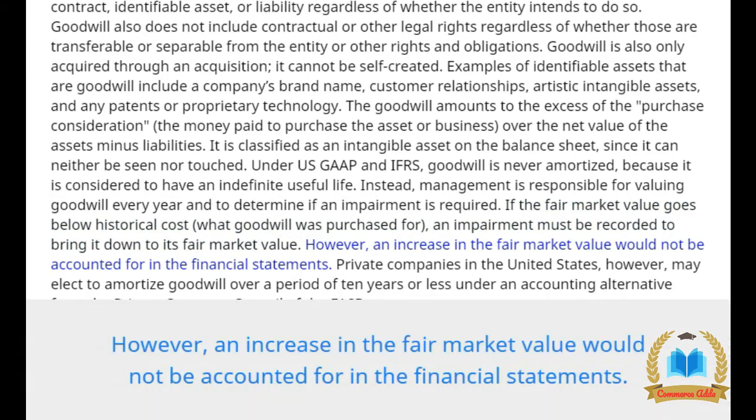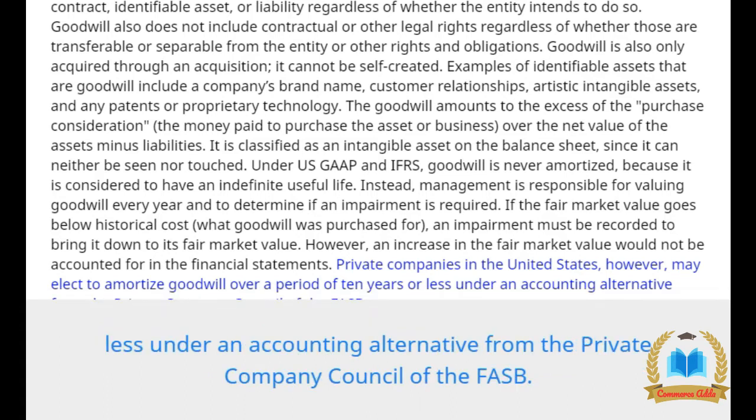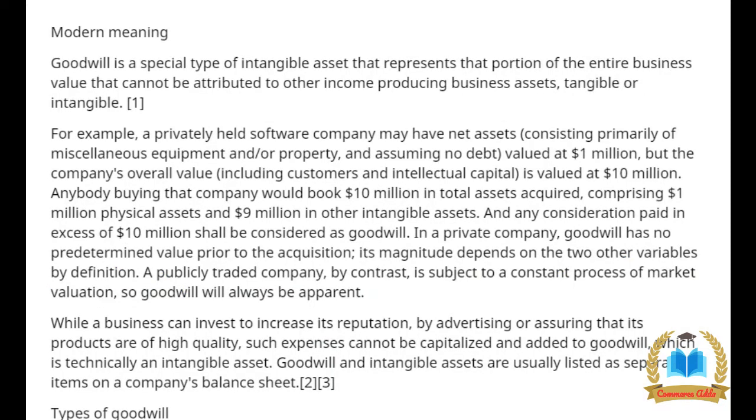However, an increase in the fair market value would not be accounted for in the financial statements. Private companies in the United States, however, may elect to amortize goodwill over a period of 10 years or less under an accounting alternative from the Private Company Council of the FASB.